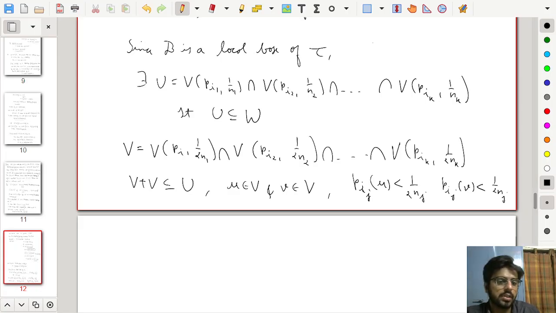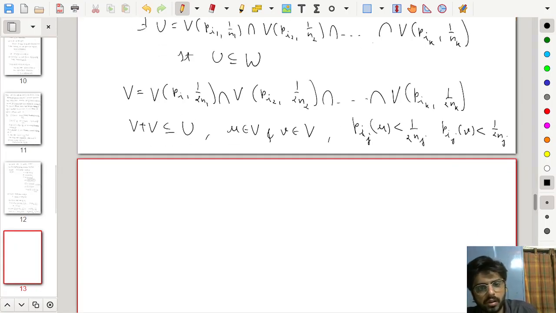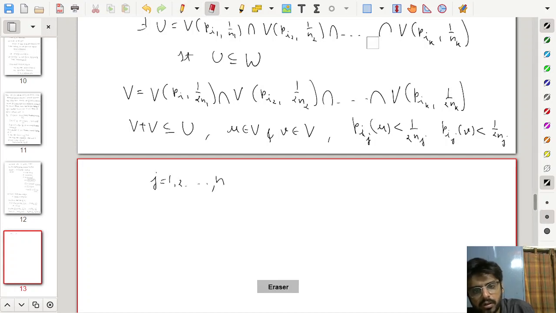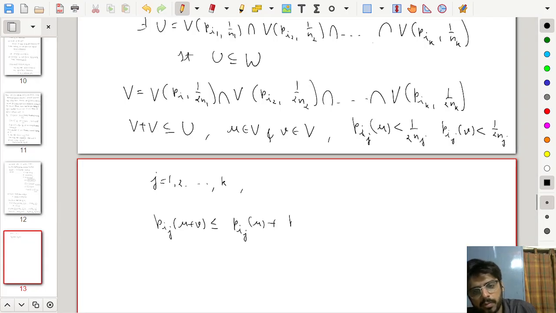This is true for all j varying from 1 to k. Then what happens to u plus v? p_{ij} of u plus v is less than or equal to p_{ij} of u plus p_{ij} of v, since p_{ij}'s are seminorms, which is strictly less than 1 by 2n_j plus 1 by 2n_j, which is equal to 1 by n_j.